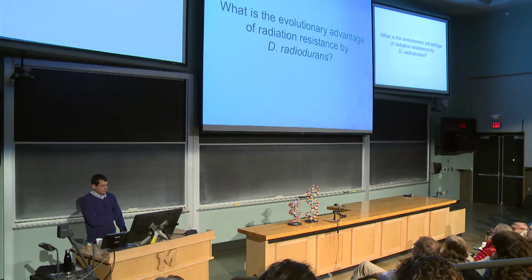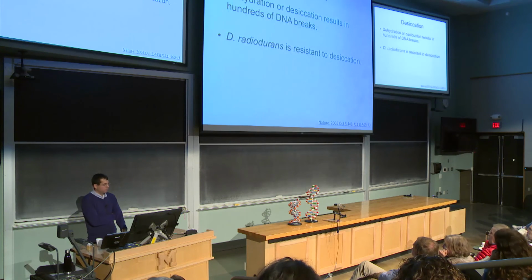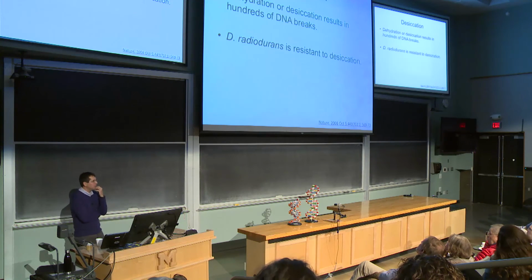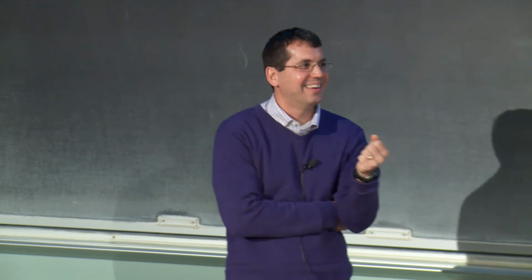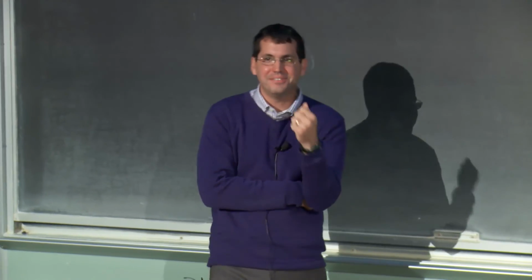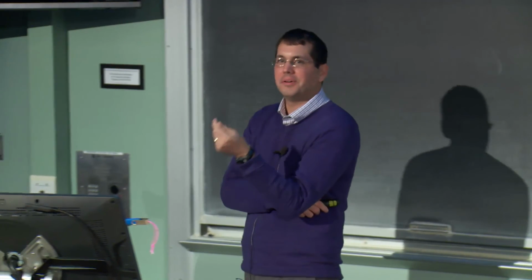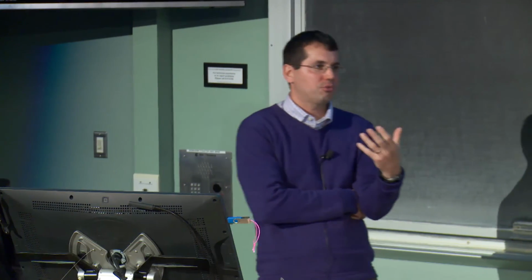And so the consensus for that is this, desiccation, okay? So what happens is, this is out in the environment, right? And we all live in Michigan, you've seen the weather, right? It can be very dry and it can be very wet, right? And Deinococcus is very good at surviving a lot of stresses.